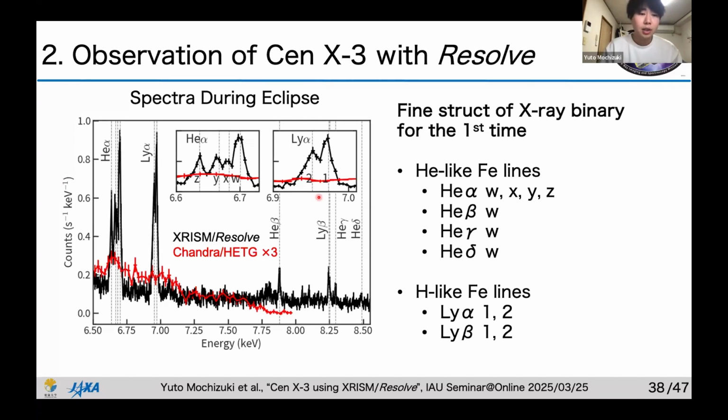So we use this spectrum. The fine structure such as helium alpha XY and Lyman alpha 1, 2 were detected for the first time in X-ray binaries. So we use the spectrum during eclipse to estimate the line intensities.